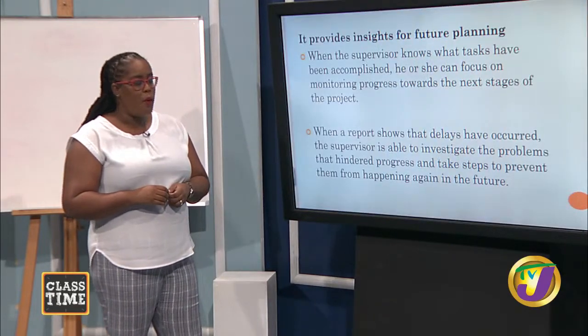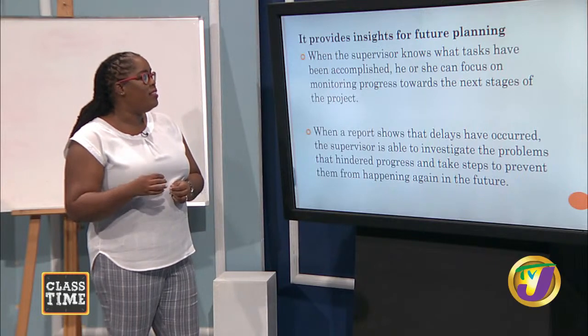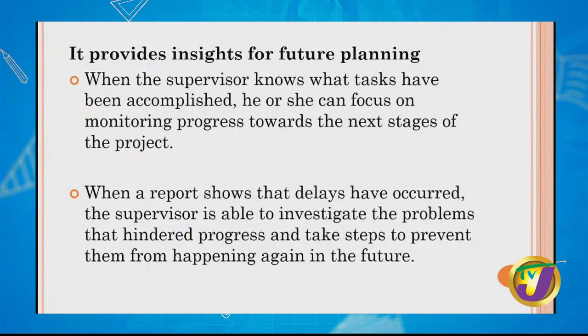All right, another importance, it provides insights for future planning. When the supervisor knows what tasks have been accomplished, he or she can focus on monitoring progress towards the next stages of the project.